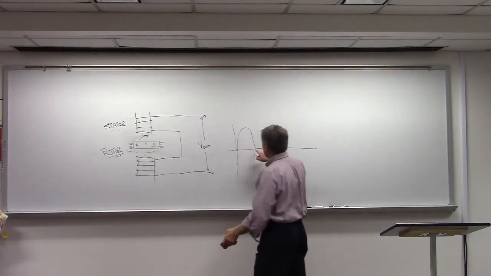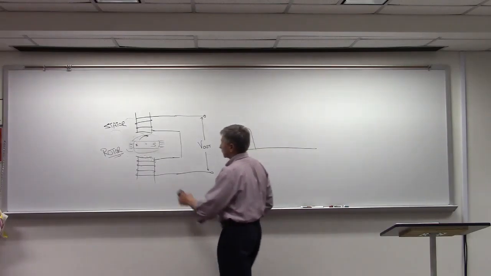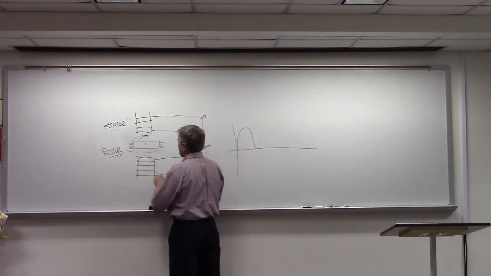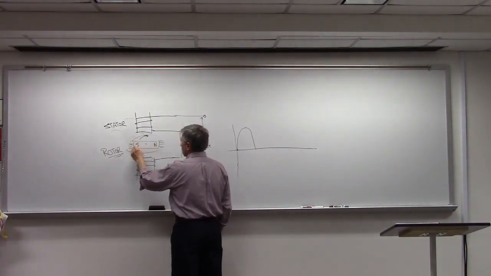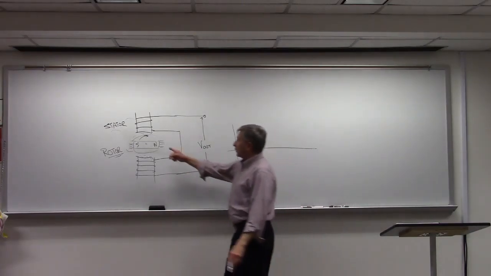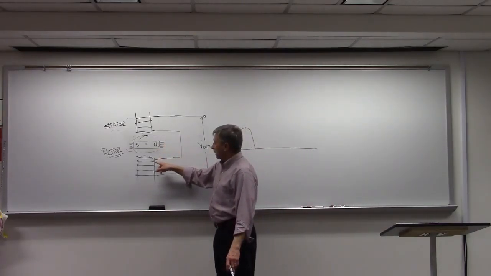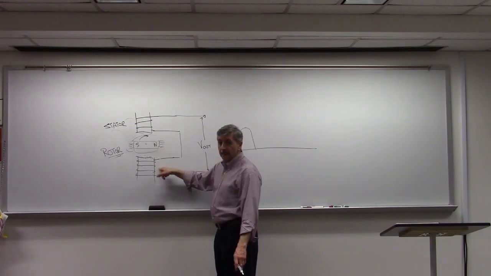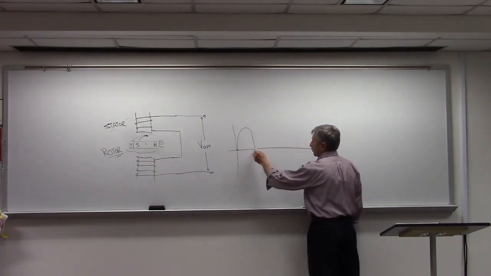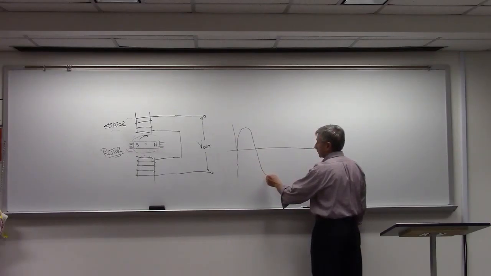So at this point here, I rotated 180 degrees. I'm now like that. And now my North Pole is going to be cutting through the windings on this side. And so the output is just going to reverse. It's going to be like that.